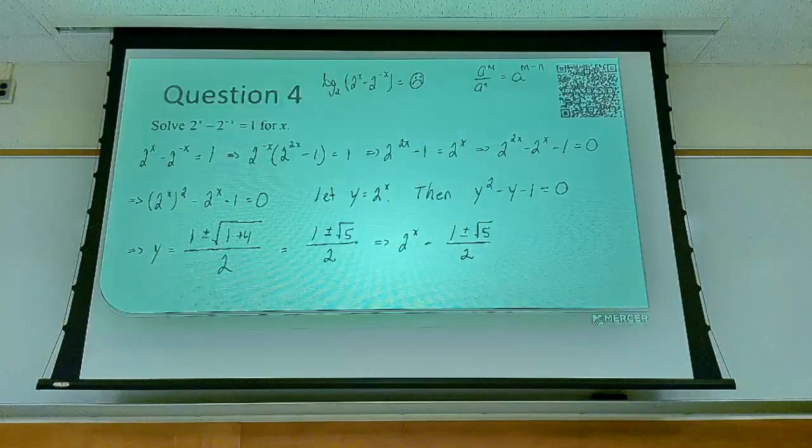It's 0 to infinity, positive real numbers. 2 to the x is never negative. That leaves only one possible solution: 2 to the x is 1 plus root 5 over 2.